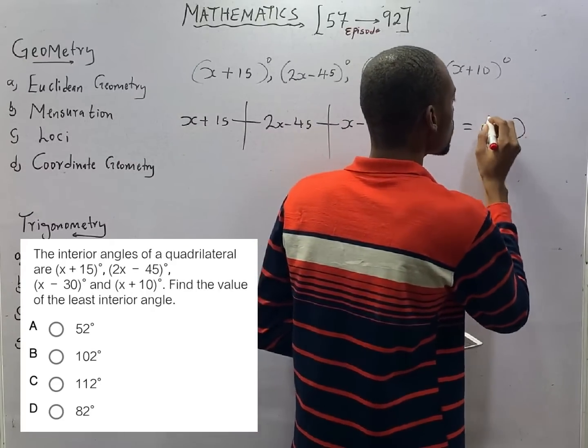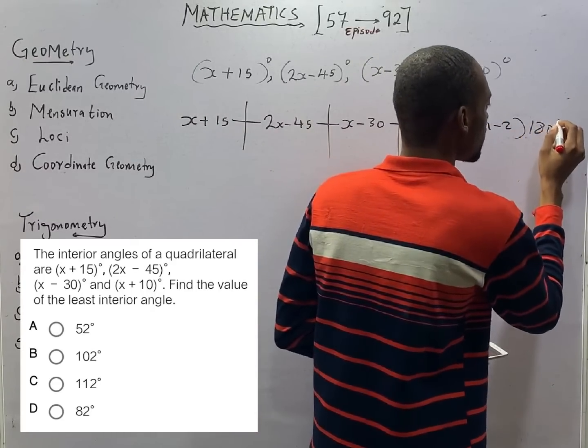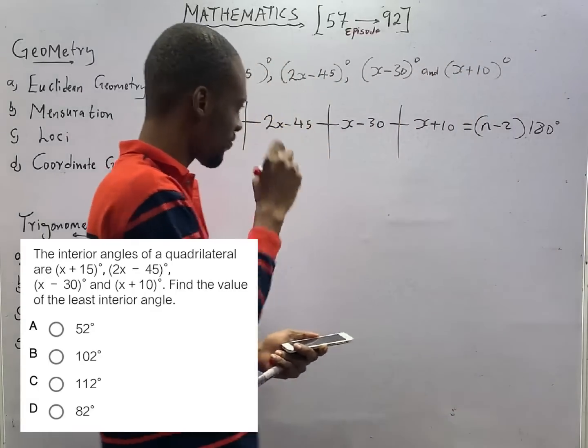That is equal to n minus 2 times 180 degrees.